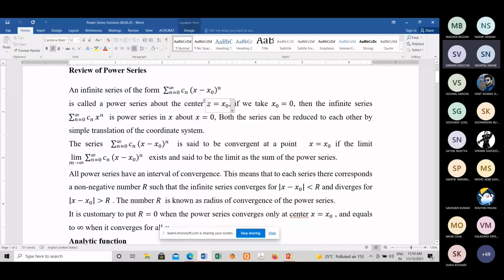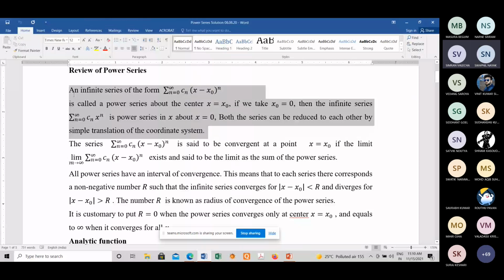Then x naught and x naught will cancel out and z will remain, so the series will be in terms of z to the power n. It's a very simple thing, I'm not going to discuss it more. Simply, an infinite series of the form summation Cn (x minus x naught) to the power n is called a power series about the point x equal to x naught.